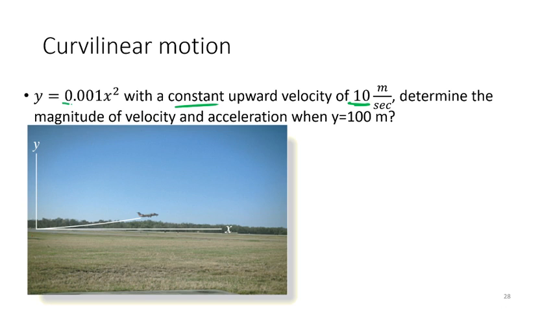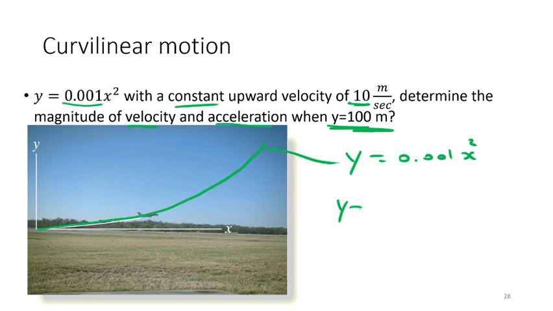The path is like this, and it is given as y equals 0.001 x squared. The question asks us to determine the magnitude of the velocity and the acceleration when y is 100 meters. So when y is 100 meters, what is v and what is a?